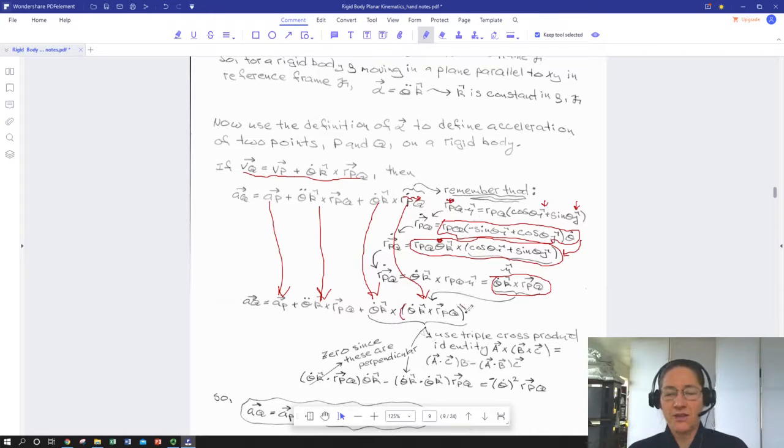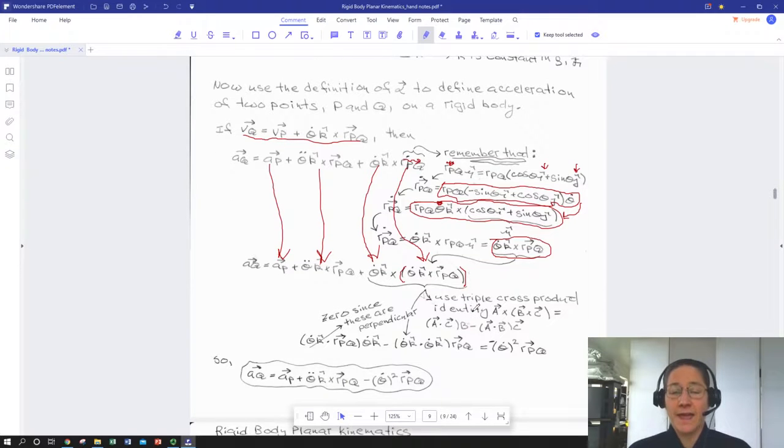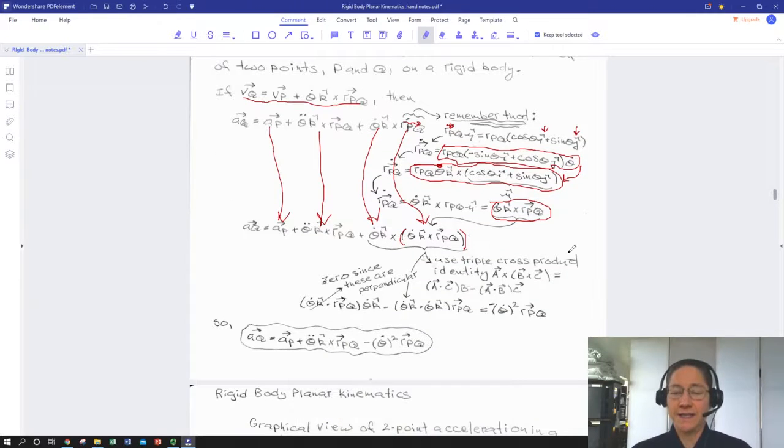So now we have that triple cross product. We've seen this before, and we can use an identity, another product of the cross product and dot product to rewrite this in terms of the difference in some dot products.